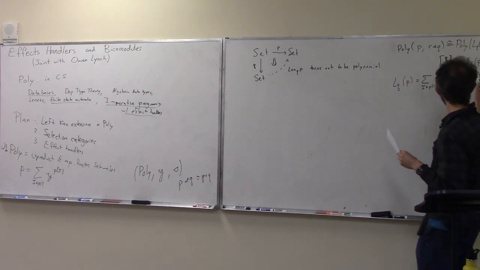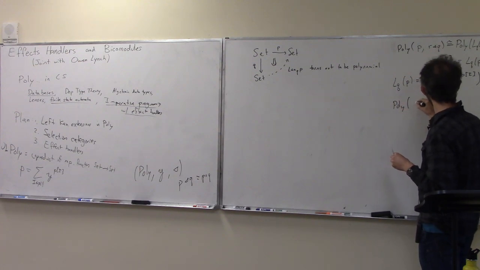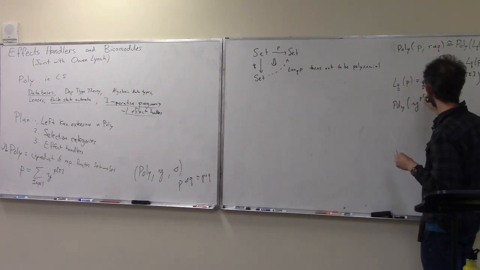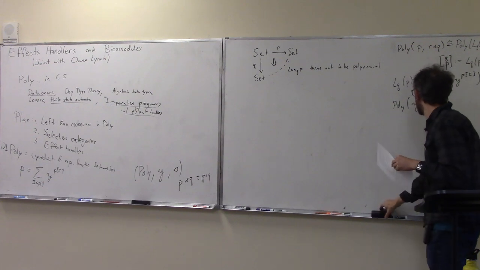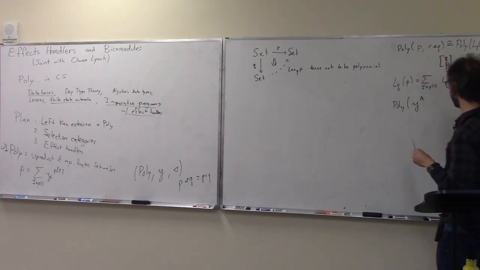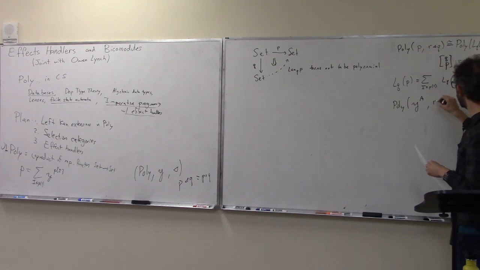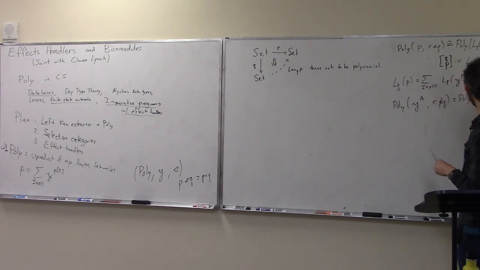So what is LQ of y to the P i? Okay, so polymaps from y to the P i. Let's just rename this thing. Let's just say we had a single one of these. A is a set. I'm writing this out. It says R compose Q is polymaps from LQ, which is what I want to know, of y to the A to R.